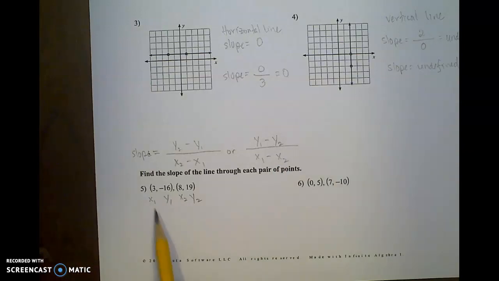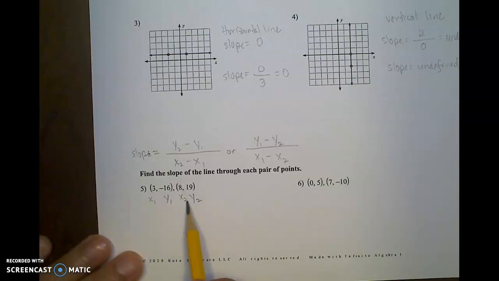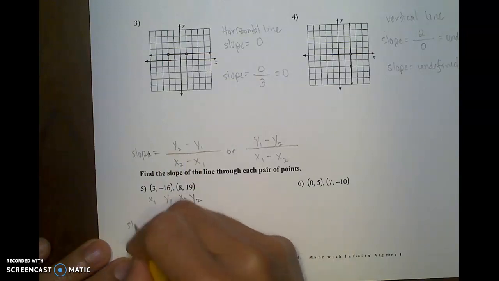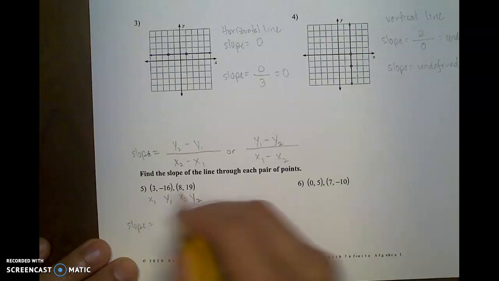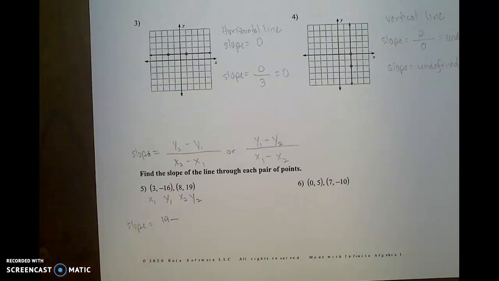Okay, so again, for number 5, since we labeled our ordered pairs, let's go ahead and plug it in for slope. I'm going to use this first one, which says y2 minus y1. So my y2 number is 19.